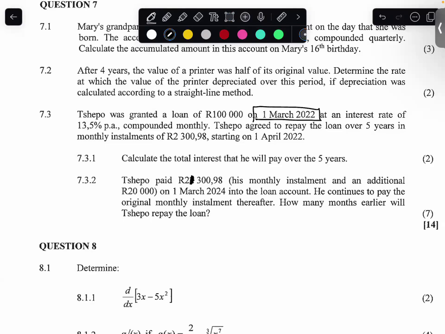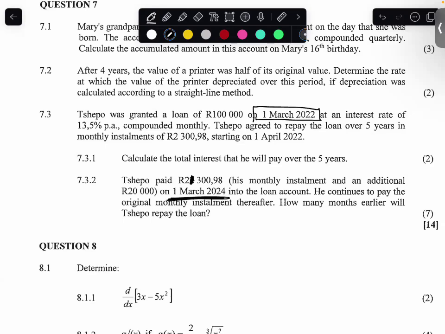1st of March 2024, which means at that time, before this payment on the 1st of March 2024, he had already made 24 payments, because for 2022 and 2023, he already made 12 payments per year, which means in total he made 24 payments before this.